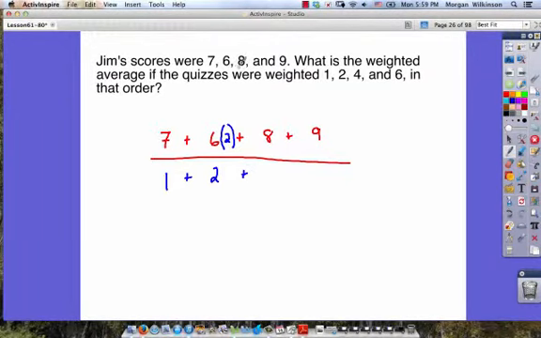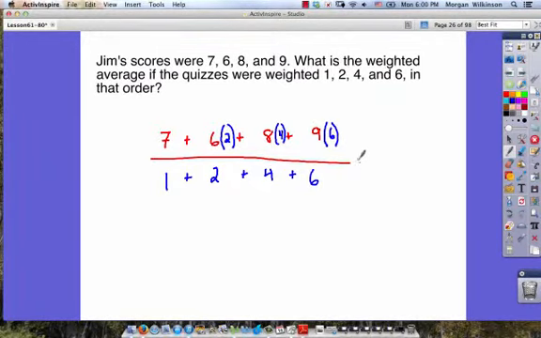Plus, well, the 8 is weighted 4 times. So we're going to say plus 4, but we're going to have to multiply the 8 times 4. The next, the 9, that's weighted 6 times as much. So plus 6, but what are we going to have to multiply the 9 by? Well, hopefully you said 6, because it's weighted 6 times as much.